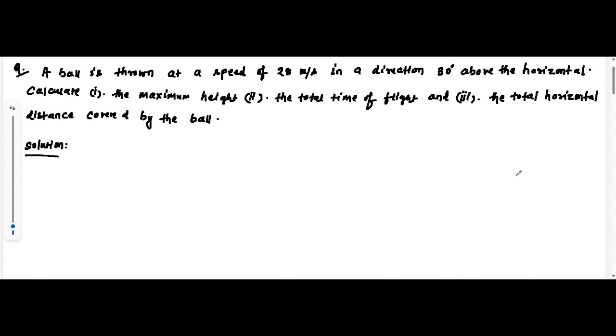Here, like we did in the previous case also, there are two approaches. First is the formula approach. If you remember the formula, you can directly put the formula, get the result. And by chance, if you're not able to recall the formula, there is the resolving into components using equations of motion.